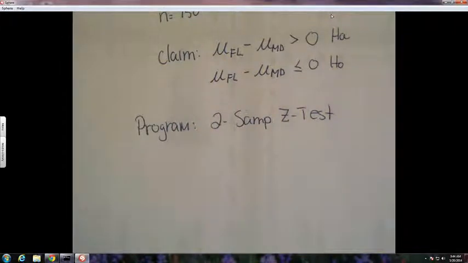So, 22. The other one is 18. X bar 1. Everything with 1 is coming from my Florida. It's all about labeling things right. So 252. N1, 150. X bar 2, 244. N2 is 200.